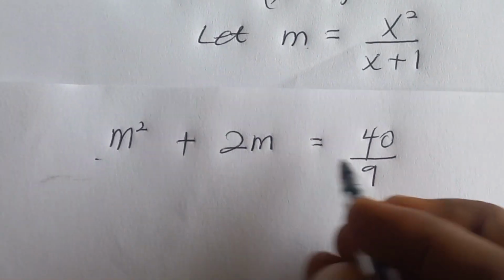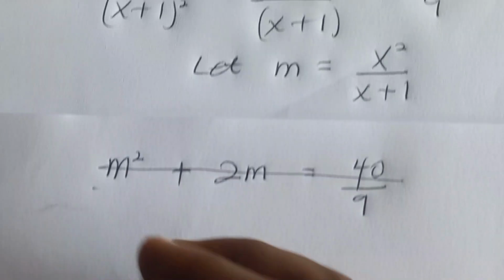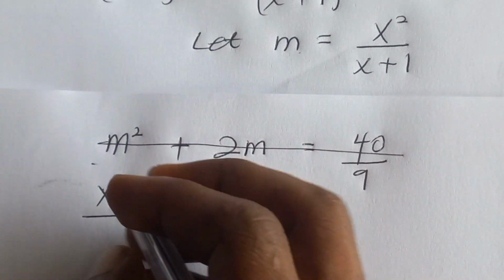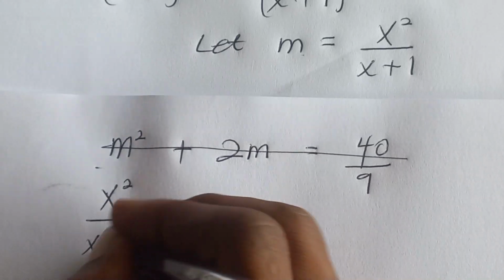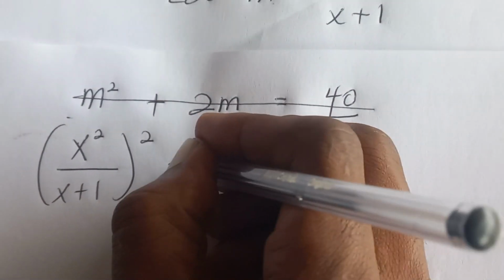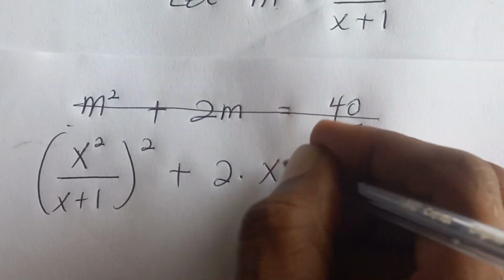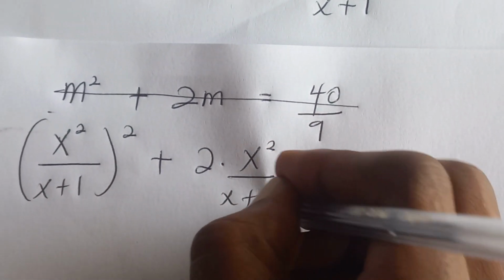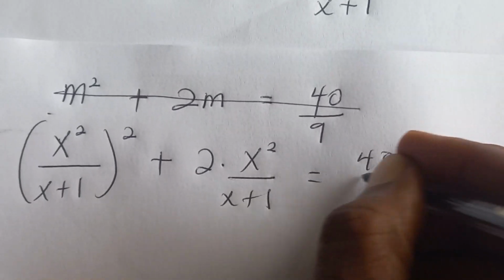Okay, so let me explain it before we move on. This one, we can express it as x squared over (x plus 1) all squared, and plus 2 multiplied by x squared over x plus 1, which is equal to 40 over 9.